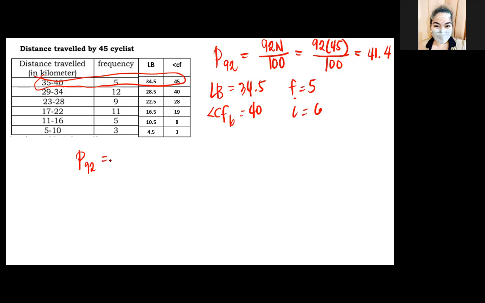Ang formula po natin dito, ganun pa rin, lower boundary of the P sub 92 plus k over 92 times N divided by 100 minus the cumulative frequency below divided by the frequency of P sub 92 times i.